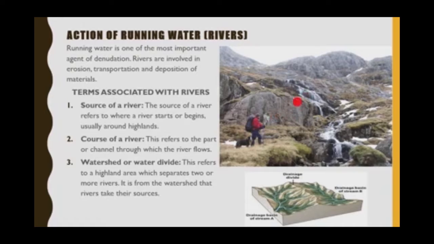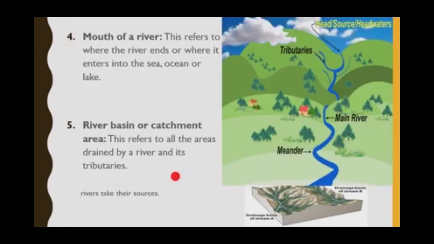A watershed refers to a highland area which separates 2 or more rivers. Oftentimes, it is from the watershed that rivers take their sources.